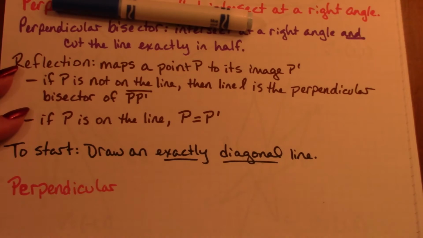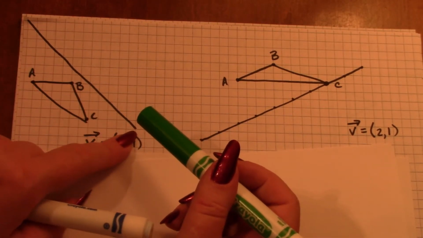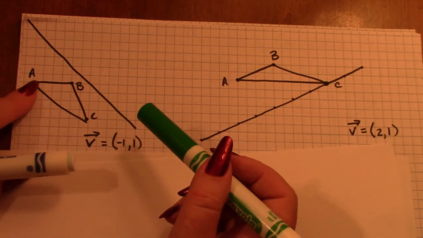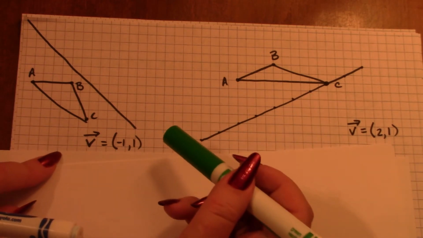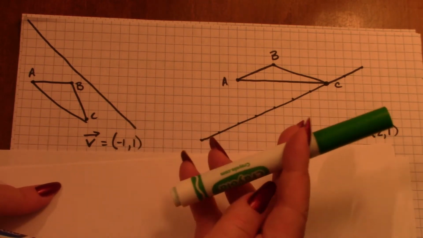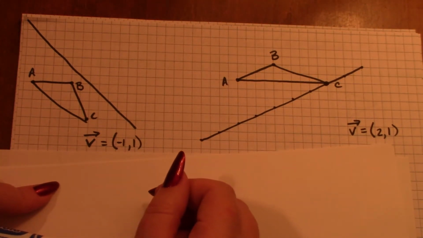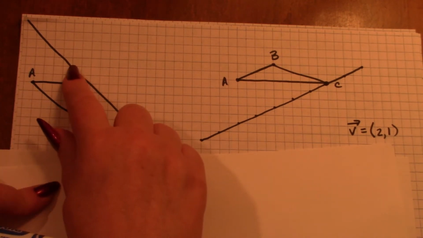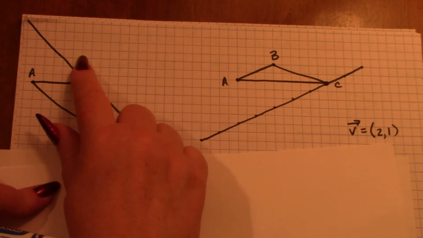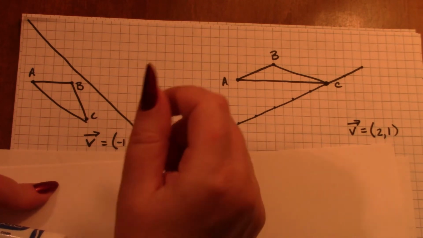To start this, we're going to get some graph paper and we're going to draw an exactly diagonal line. So here we have a line that we've drawn exactly diagonally, connecting all of the points, and we've drawn a random shape ABC. And so if we're looking at example 1A, in step 1, it asks us to draw a segment with an endpoint at vertex A so that the segment is perpendicular to line L and is bisected by line L, and label the other endpoint of the segment A prime.